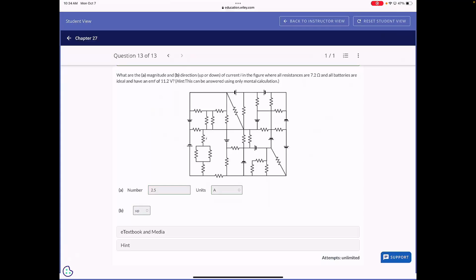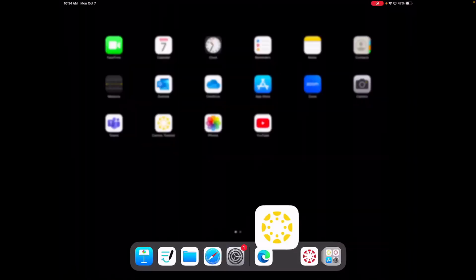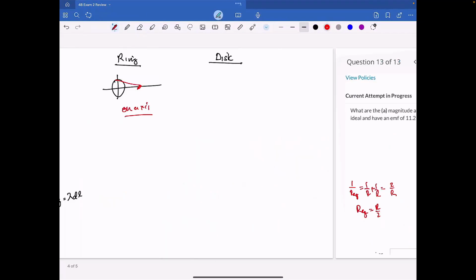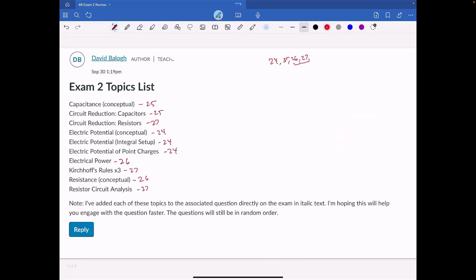The RC circuits, does that fall into the exam? No, right? If I was going to give you a time-dependent RC circuit, I would have put it down. Should we review switches?